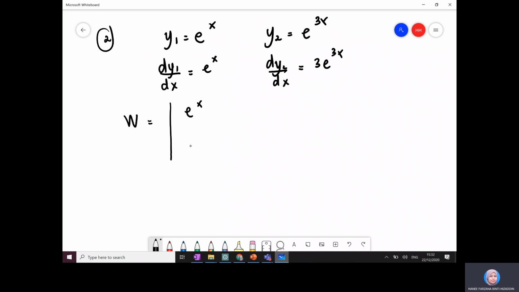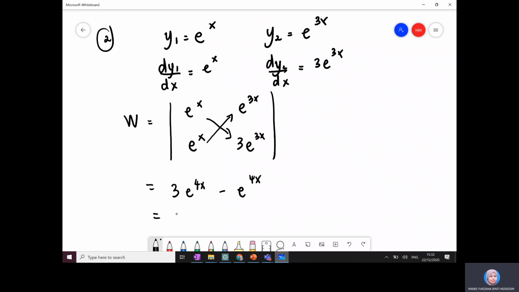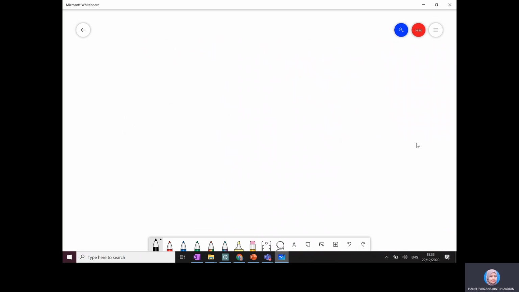You calculate this times this minus this times this, so 3e to the 4x minus e to the 4x equals 2e to the 4x, which is not equal to 0, whatever the value of x is. Thus, because the Wronskian determinant is not equal to 0, we conclude that y1 and y2 are linearly independent of each other.